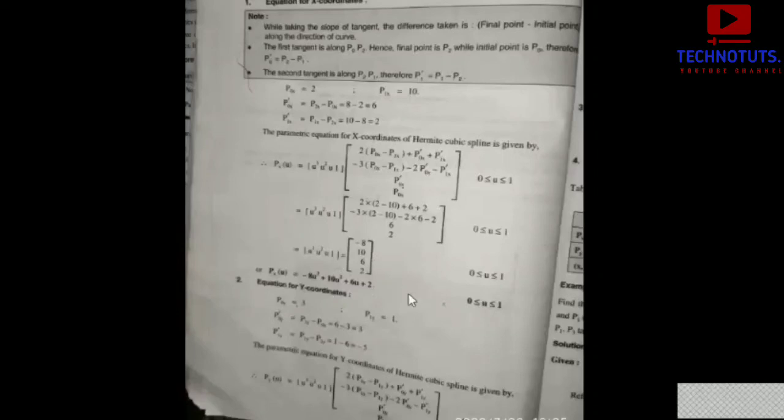In a similar fashion, we will obtain the parametric equation for y coordinate by substituting the values of P0, P1, P0 dash and P1 dash for y coordinate. So we have obtained Py(u) is equal to 2u cube minus 7u square plus 3u plus 3.